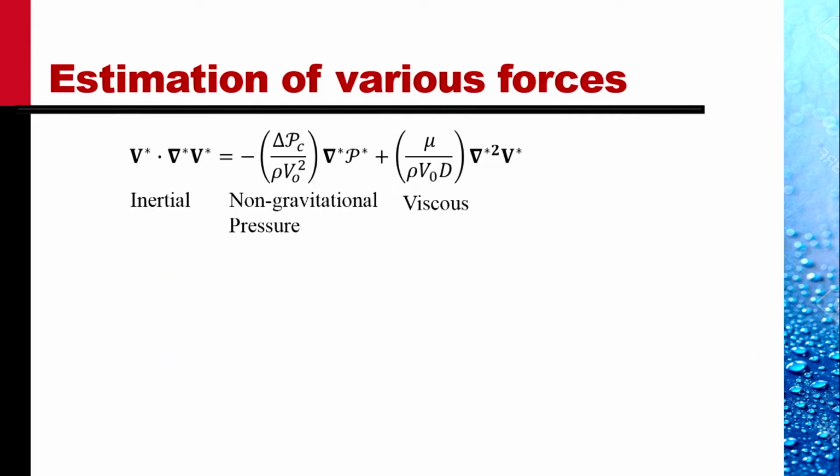As we said, the first term is inertial, the second term is non-gravitational pressure, the third term is viscous force. The coefficient of the first term on the right, delta Pc over rho V naught square, is like 1 over Euler number, and the coefficient mu divided by rho V naught d of the viscous force term is like 1 over Reynolds number.